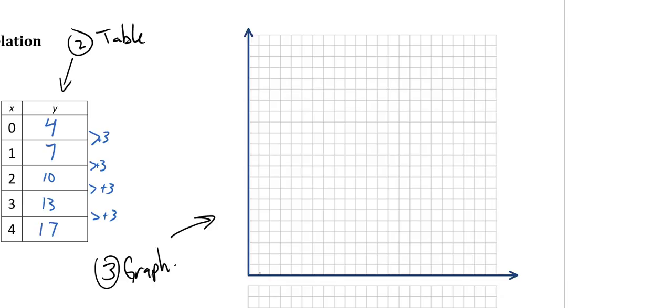Well, I should put in my numbers 1, 2, 3, 4, 5, 6, 7, 8, 9, 10. And this is x, and this is y. 1, 2, 3, 4, 5, 6, 7, 8, 9, 10, and I'm going to keep going up 11, 12, 13, 14, 15, 16, 17, 18, 19, 20. Okay, so I start at 4 because at 0x, I'm at 4. So I go up to 4 here.